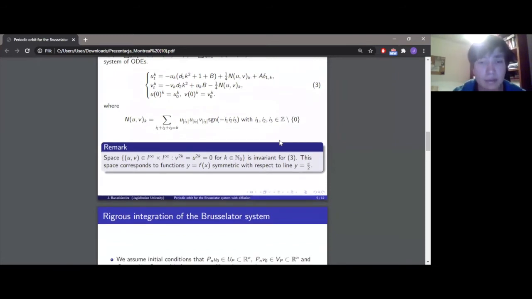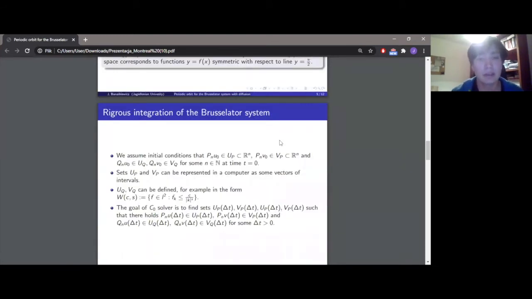I will discuss now how we can integrate the Brusselator system rigorously. We divide modes into two blocks: one finite-dimensional and the second an infinite tail. For the finite part, we assume we have sets represented in the computer as a vector of intervals, and the sets that represent the infinite tail are represented by sets of this form.